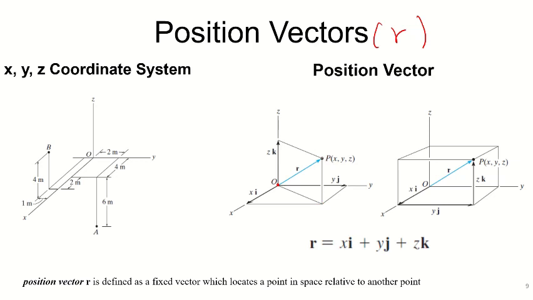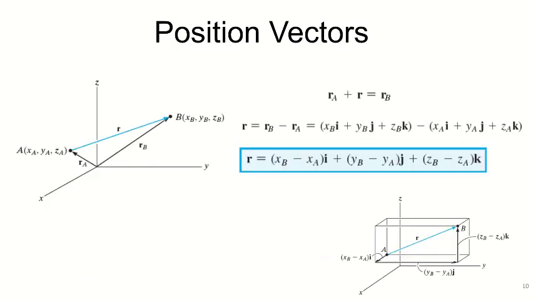Then you can come to the point P. So it tells you how to reach a point in this Cartesian coordinate system. So r is a position vector which we can express as r is equal to xi plus yj plus zk. So now say you want to define a vector.